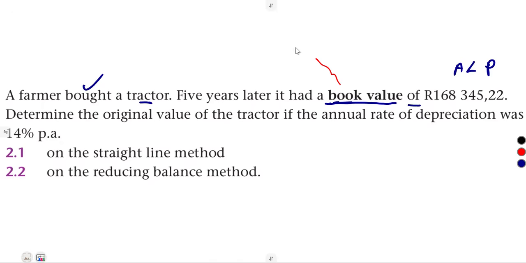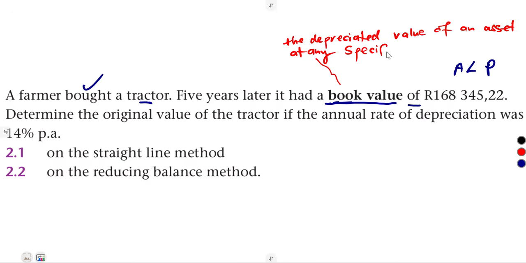In this case, we are talking about a tractor. So we're saying that is the depreciated value. There is a depreciation there. That is the depreciated value of an asset, at any specified time.